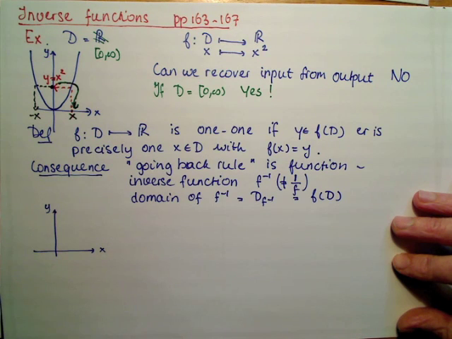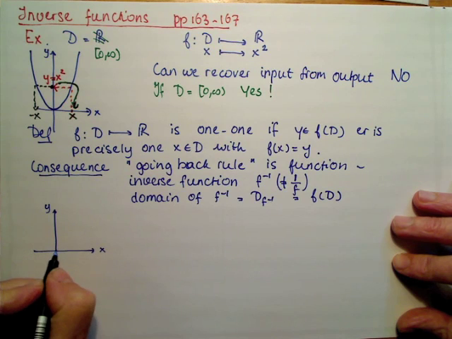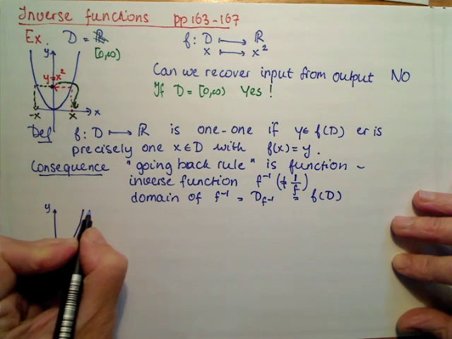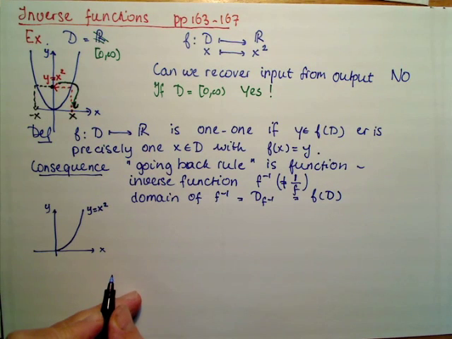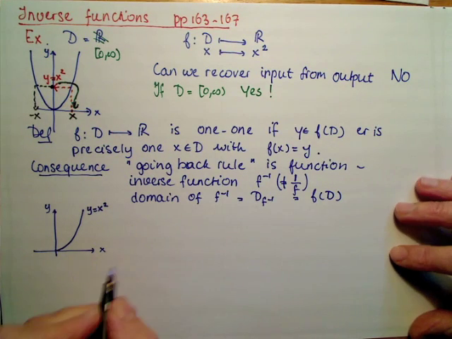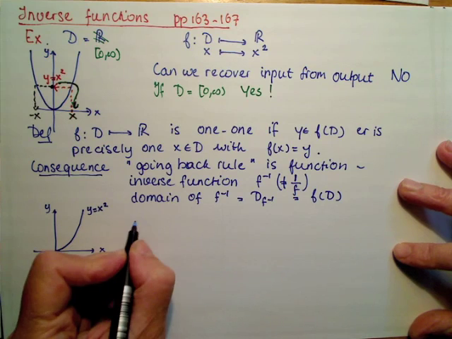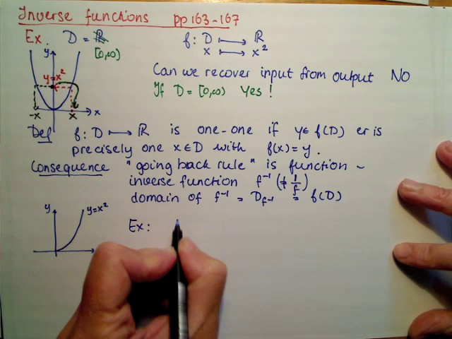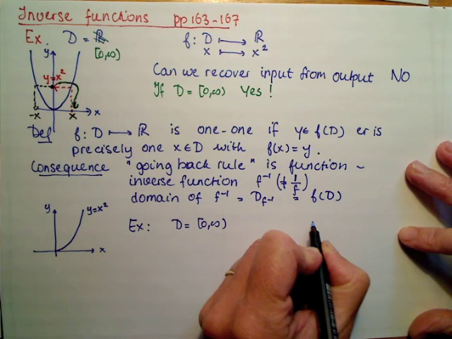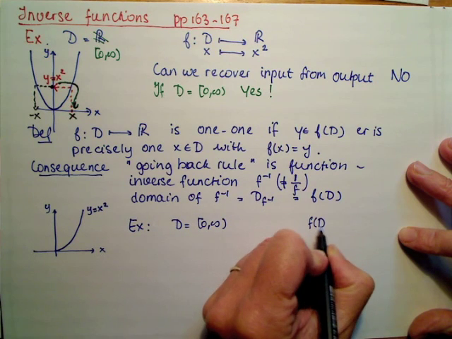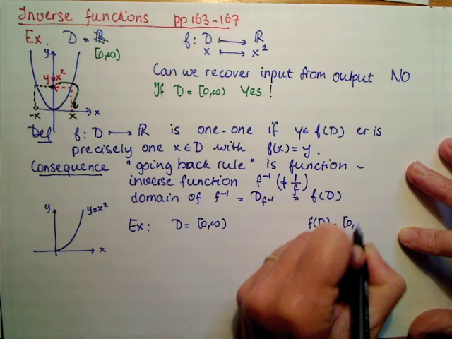So we'll just draw it. So what we do get in this case, so we have our set D equal to the positive reals. The image of the positive reals is equal to the positive reals.